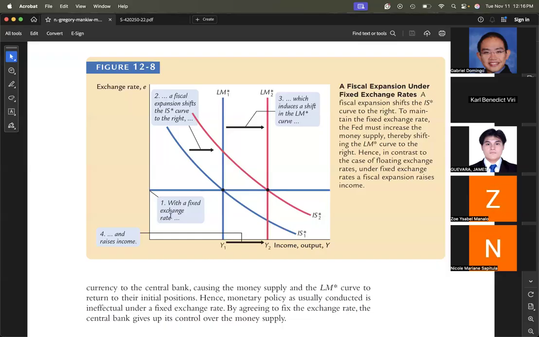Okay. And notice that it will change Y. Okay. And this is one of the things that will change Y, right? Because LM, again, in the Mundell-Fleming model, requires LM to change if Y will change, right? In particular, for Y to go up, the LM curve has to shift to the right, or domestic money supply has to increase.